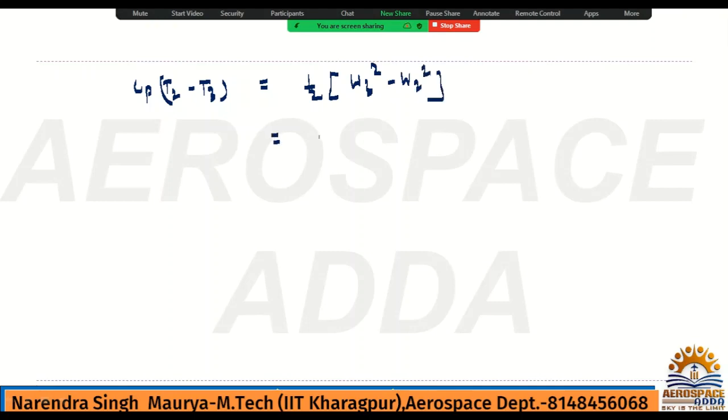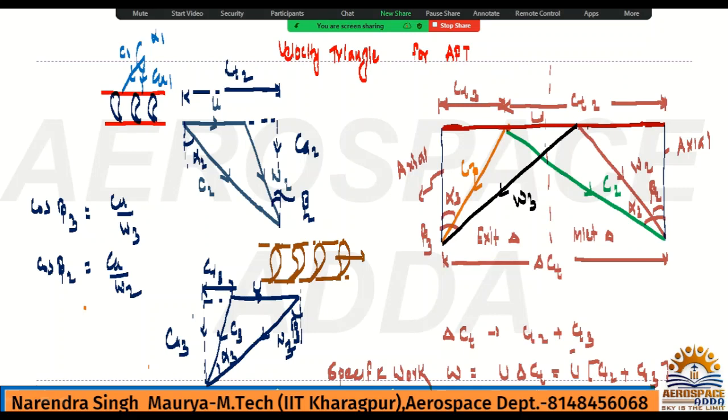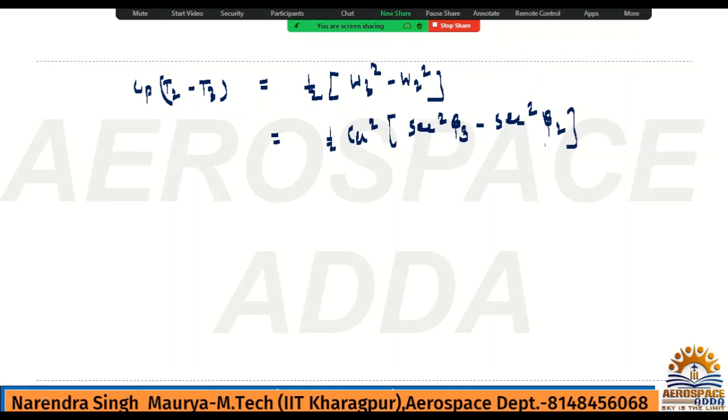If you write all those things in terms of the angles, you will get 1 by 2 times (sec square beta 3 minus sec square beta 2). Based on this, you can write this value. Finally, if you solve, you will get 1 by 2 Ca square. Breaking it in tan, you get (tan square beta 3 minus tan square beta 2).